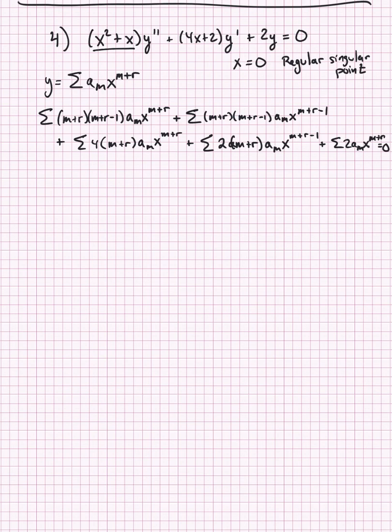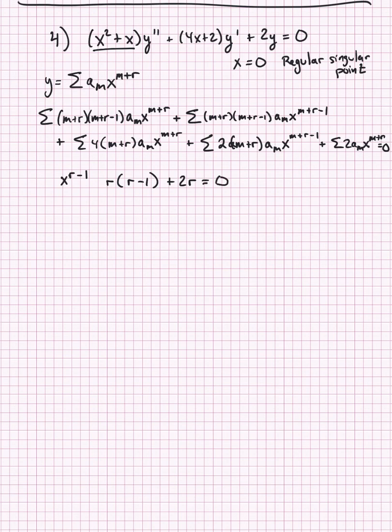Now, what are our smallest terms? The smallest power will be x to the r minus 1, coming from the second and fourth series. That's where m equals 0. So we end up with r times (r minus 1) plus 2r equals 0.